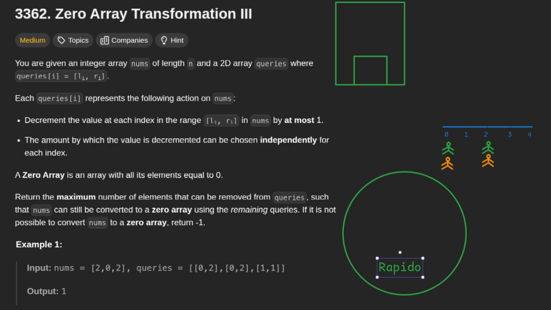Suppose that I have a vehicle which is from 0 to 2. Oh, just a second, it is not 0 to 2. Okay, now I have a vehicle like this.